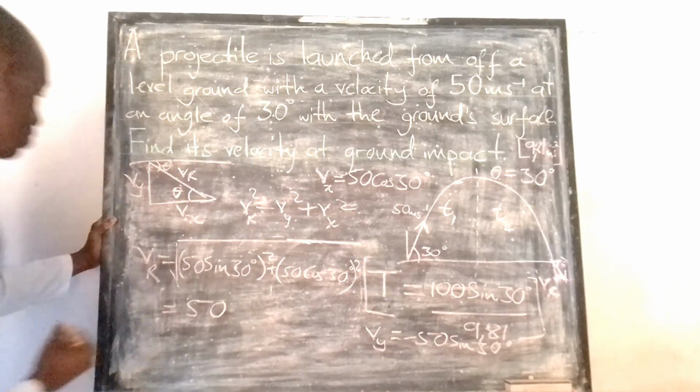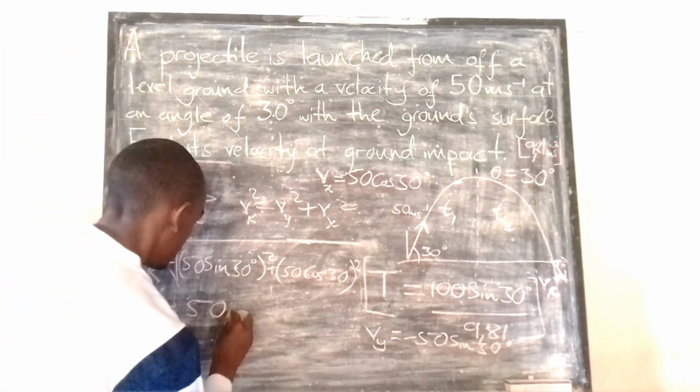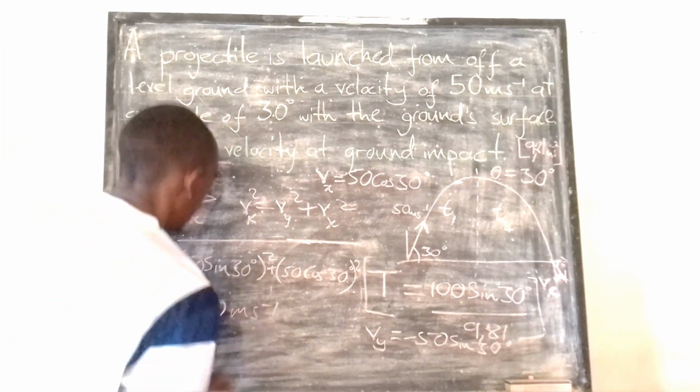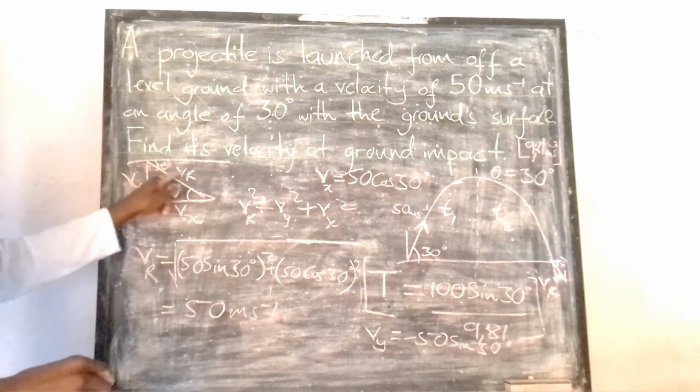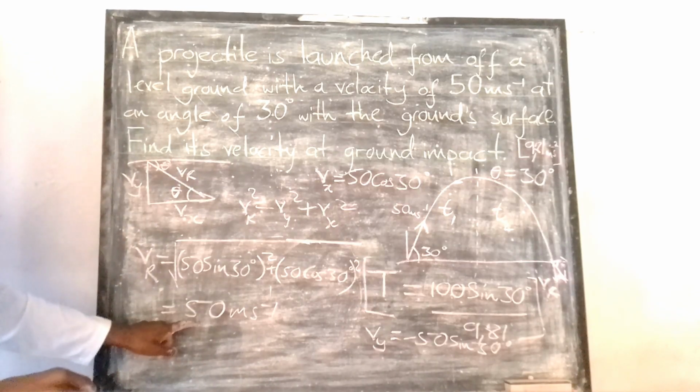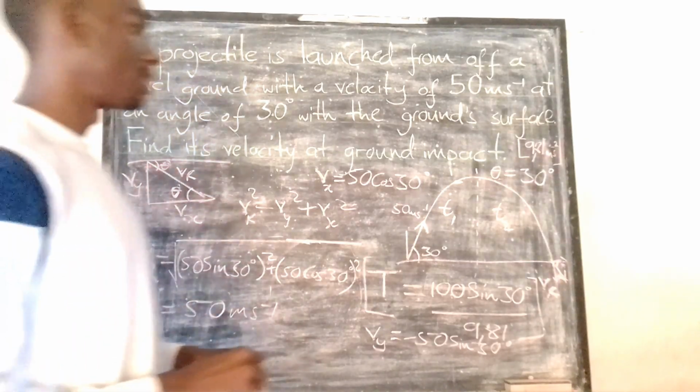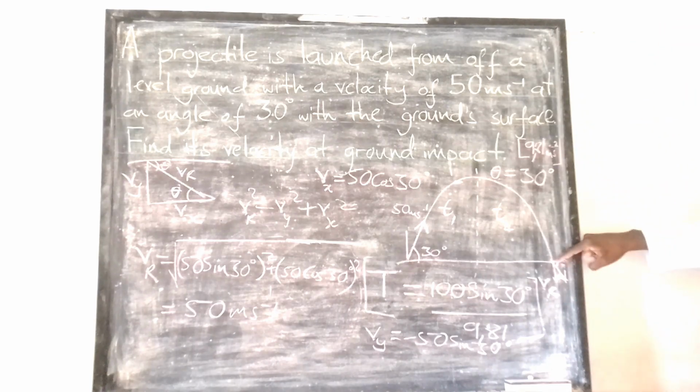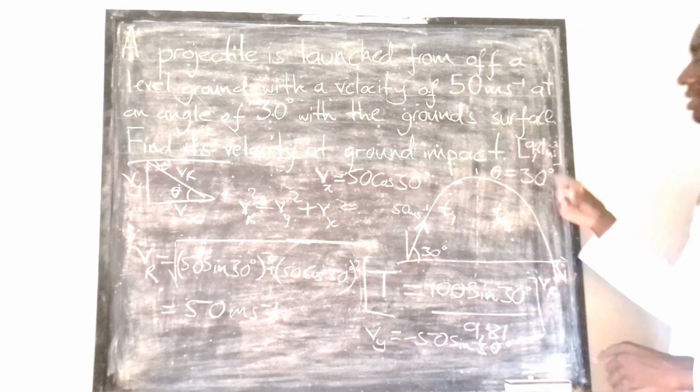So if I'm to put the units now, this is simply 50 meters per second. So Vr over here is 50 meters per second. Vr over here is this. So the magnitude of the velocity of impact is 50 meters per second, and the angle over here with the ground is 30 degrees.